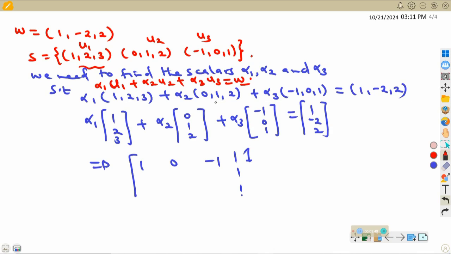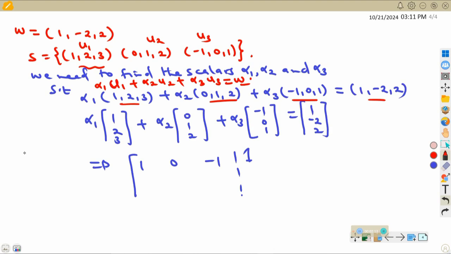Following the similar case as we did in our previous example, let us try to simplify this expression here. We have alpha 1 into this, alpha 2 into this, alpha 3 into this, equaling this.